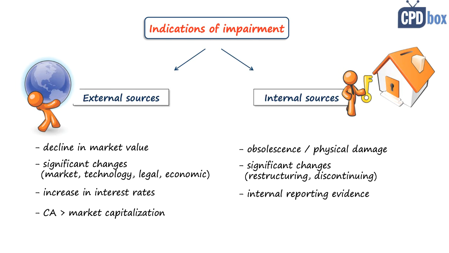Things like obsolescence, physical damage of an asset, or significant internal changes like restructuring taking place in your company might indicate that you have the assets impaired. And again, I warn you, in this COVID time, it's also probable that you will find some indicators of impairment in internal sources as well.